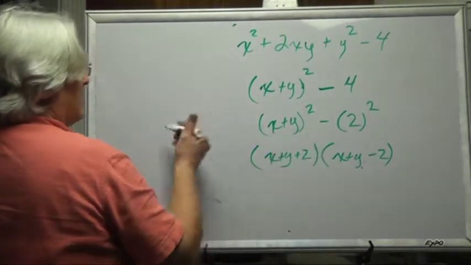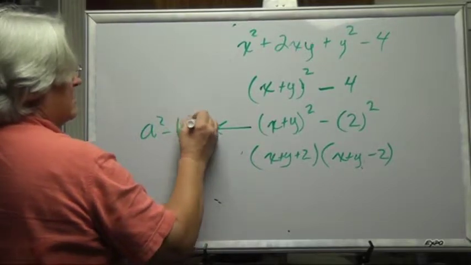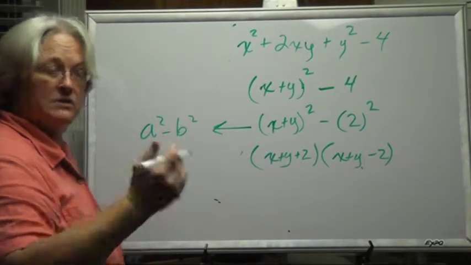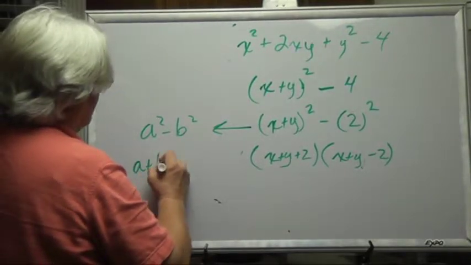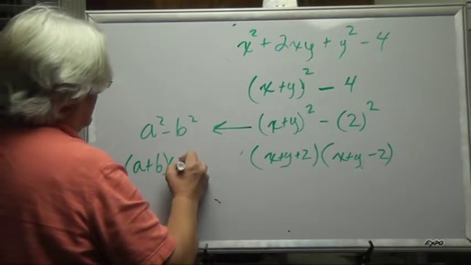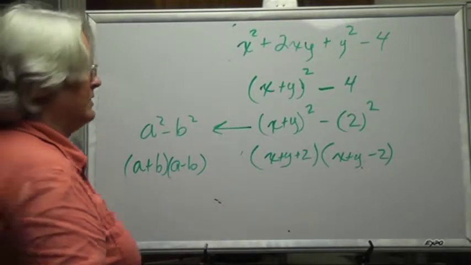Once you recognize that you have the difference of two squares, which is generalized as a squared minus b squared, you have to know how to factor it: a plus b times a minus b.